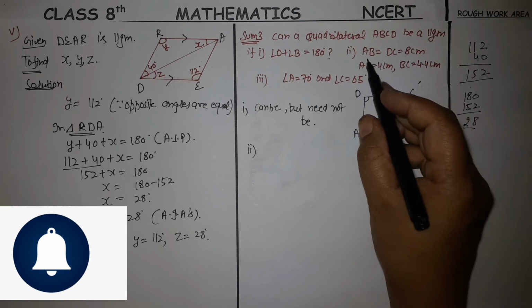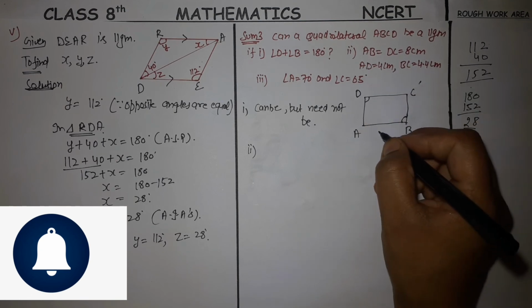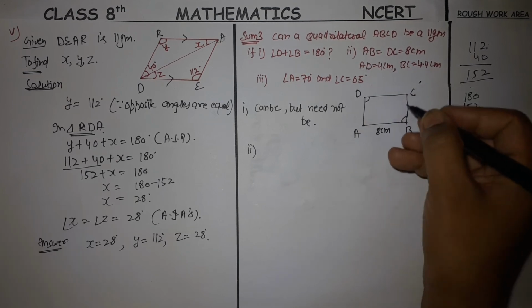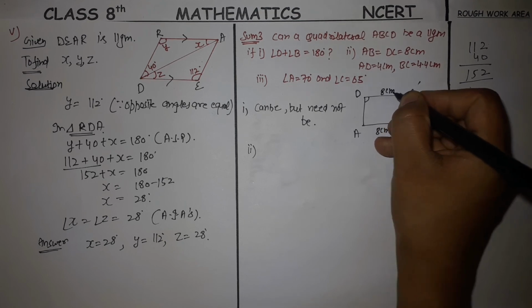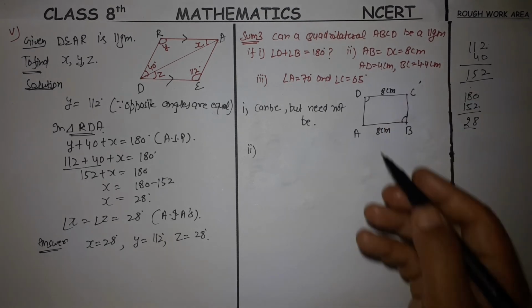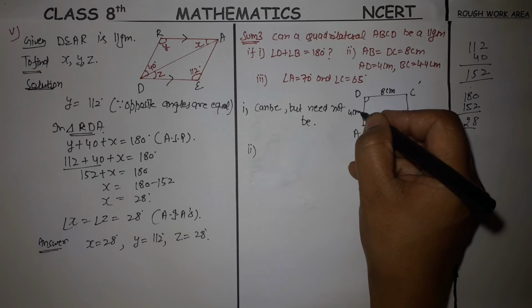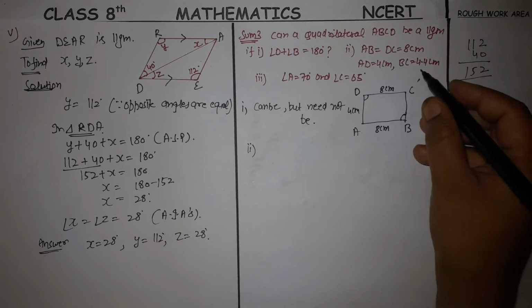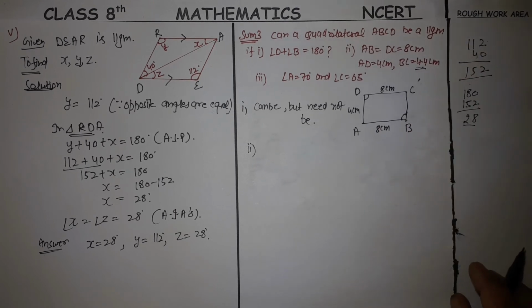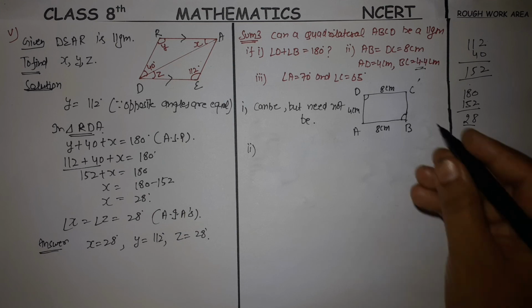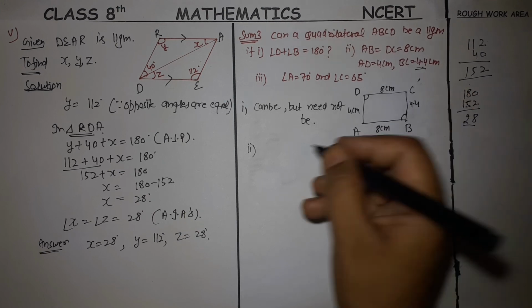Part second. AB equals DC. AB 8, DC 8 centimeters. AD is 4 centimeters. Here BC is given 4.4. But it is not possible, because we know that in a parallelogram opposite sides are equal.